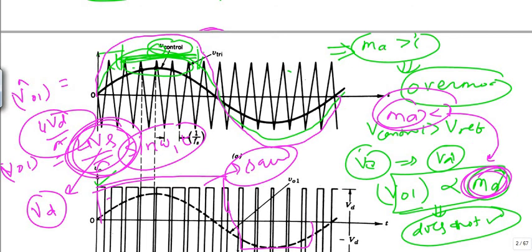But if it is the case of over modulation, then the peak amplitude of the fundamental voltage does not depend upon this modulation index.